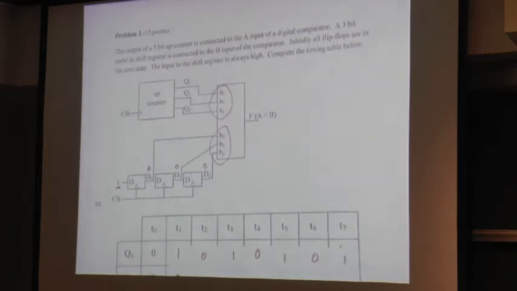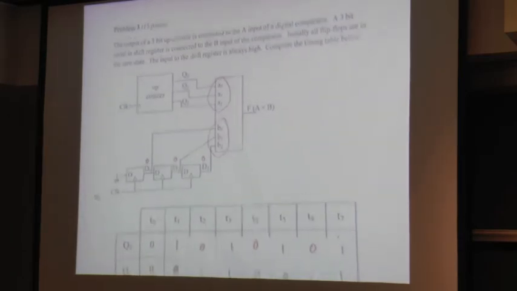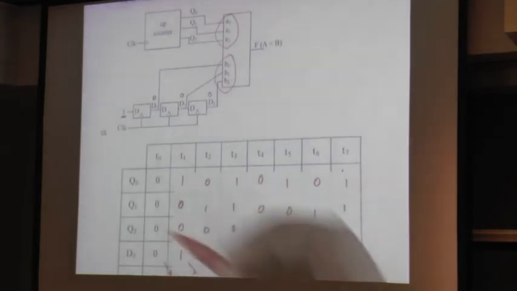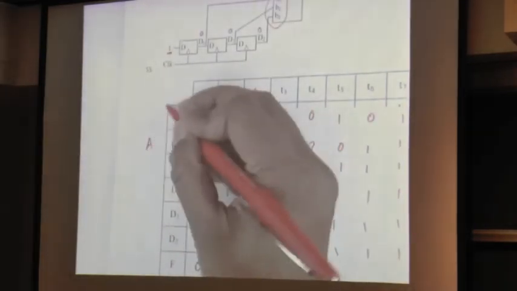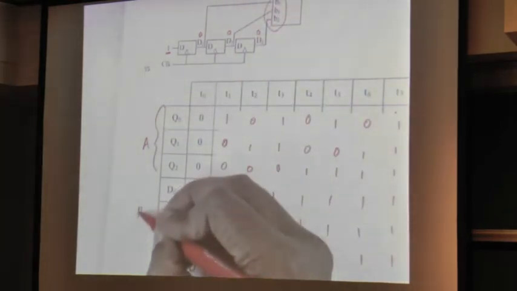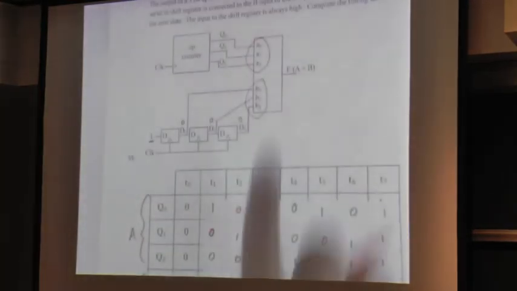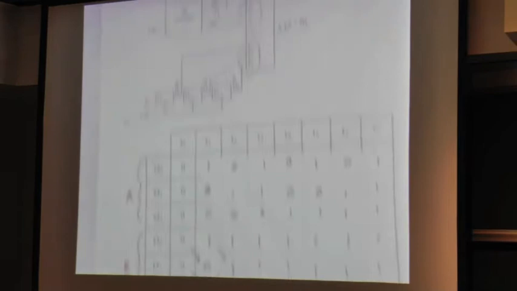So we need to determine when A is less than B. This is the A and this is the B, based on the input shown here.